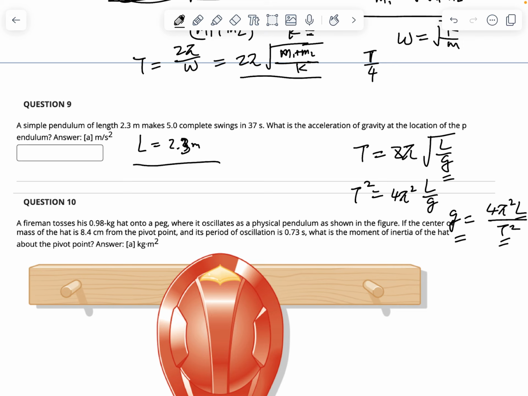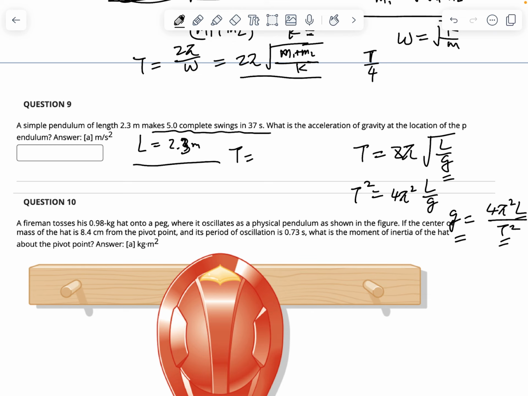So basically, in order to figure out G, you have to figure out T squared and L, right? We know L. And how to figure out the period? Well, you see, it makes 50 complete swings in 37 seconds. The period is defined as the time to finish one complete swing, right?